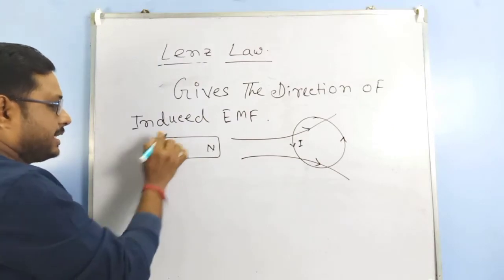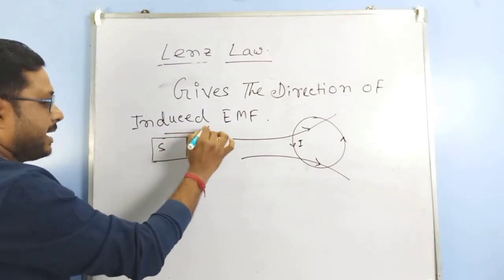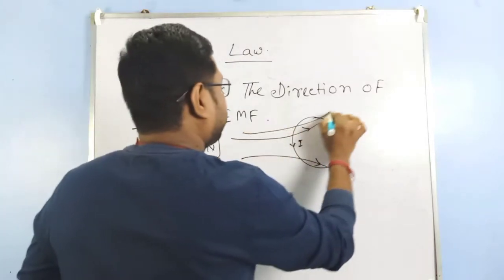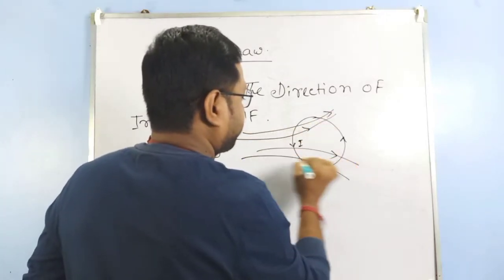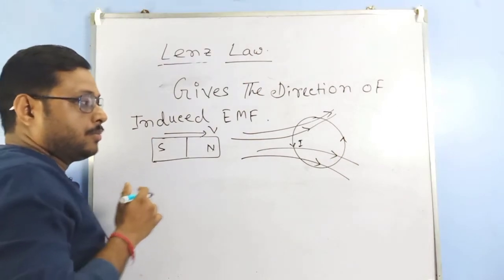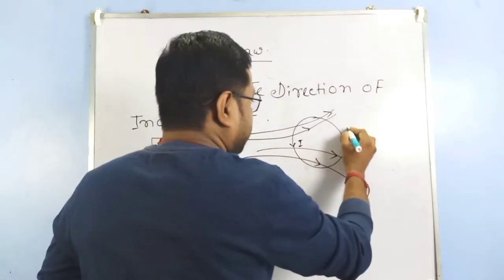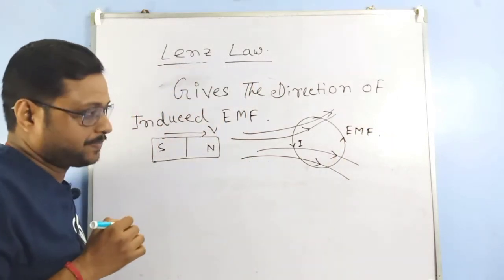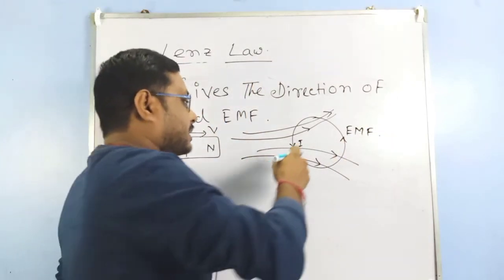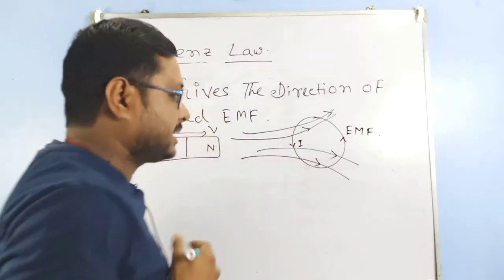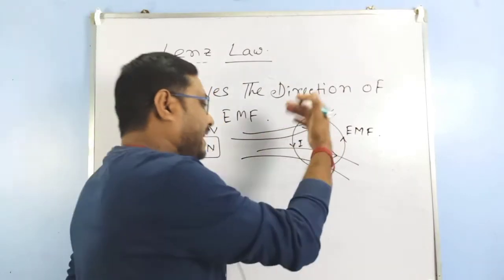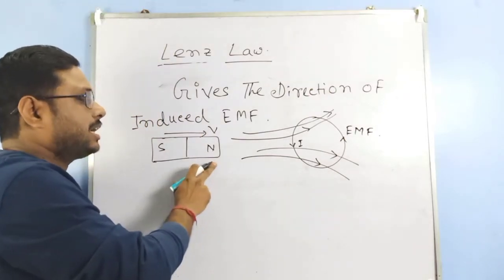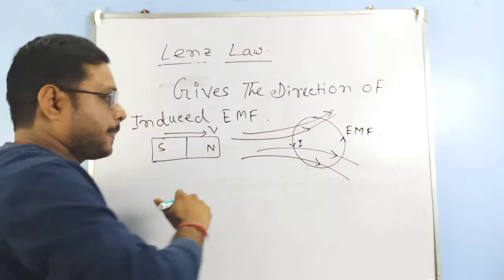As a result, when the magnet is moved closer to the coil, there is an increase in flux through the coil. Here an EMF is induced, and as a result a current is also set up in the coil. But the direction of current is such that it will produce another magnetic flux which opposes the magnetic flux due to the original magnet moving.